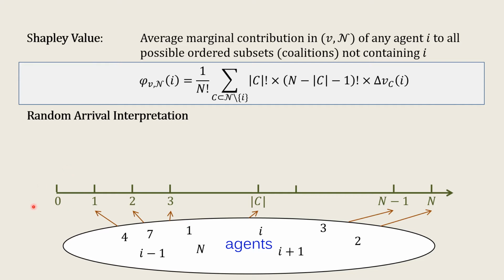Now look at this figure here. This is the set of all agents. I'll refer to it as the agent pool. And this is a time axis. It begins with time instance 0, then 1, then 2, 3, until n, where n is the total number of agents.